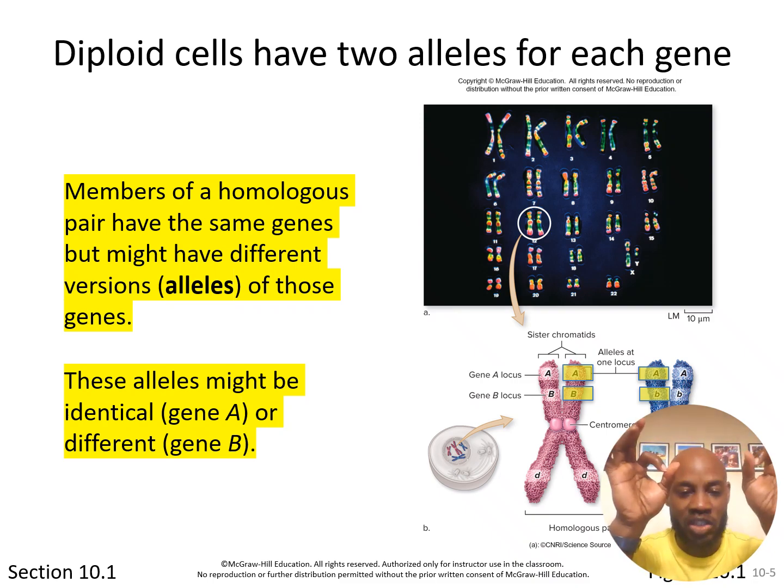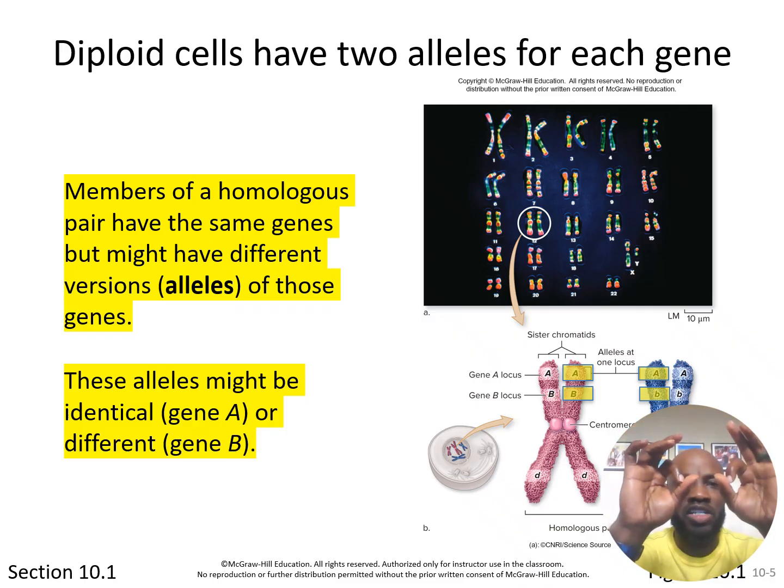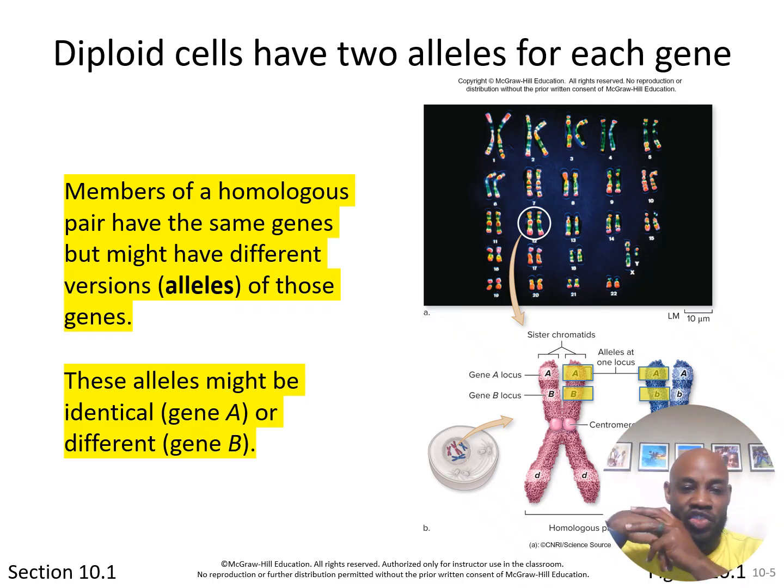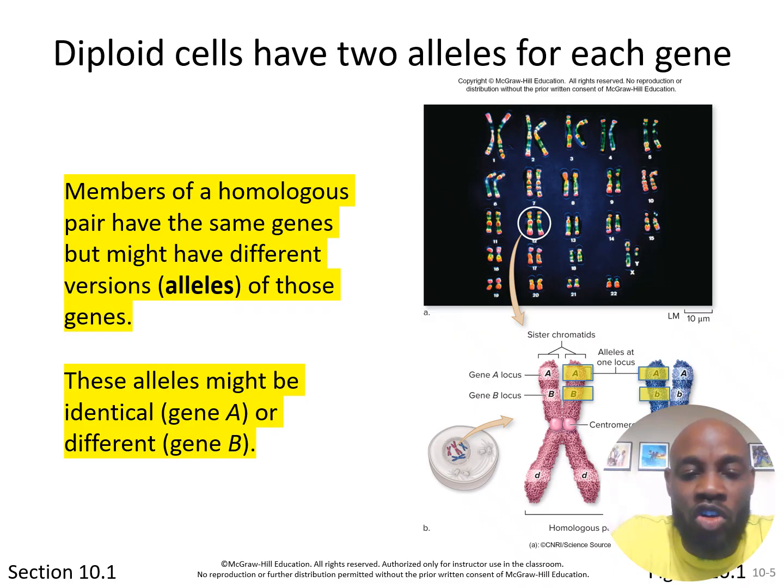They are homologous pairs at the same location on each chromosome, but they are different versions of the same gene. That is what we call alleles.